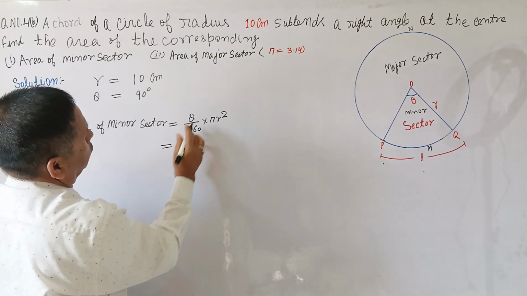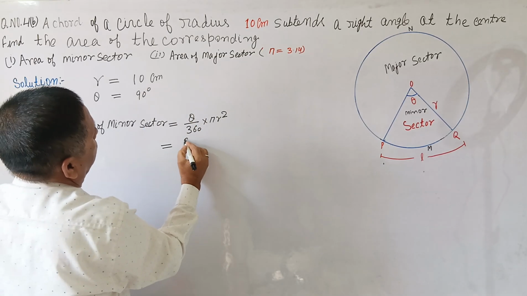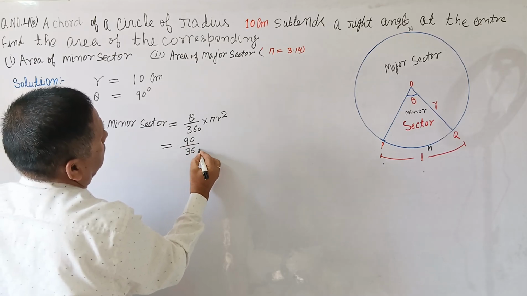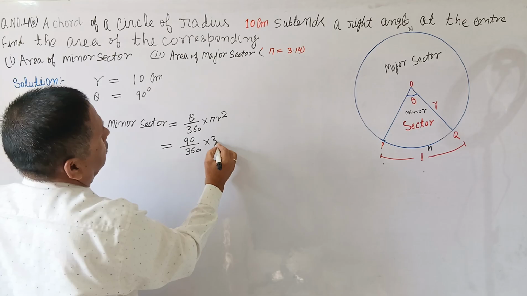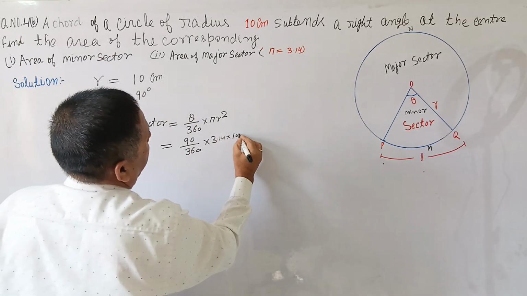So here I will put the respective values. Theta equals 90 upon 360 into pi 3.14 into r, the radius, is 10 into 10.